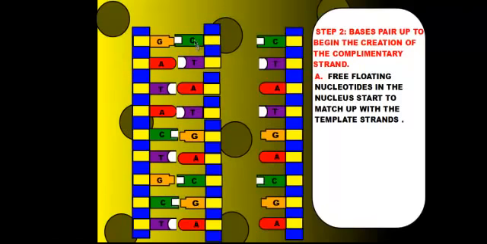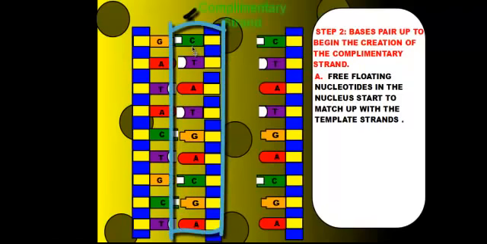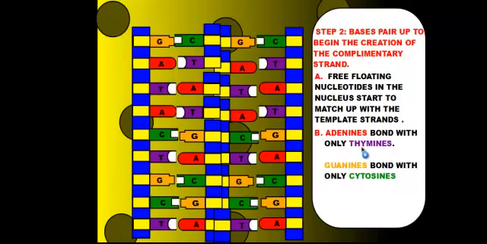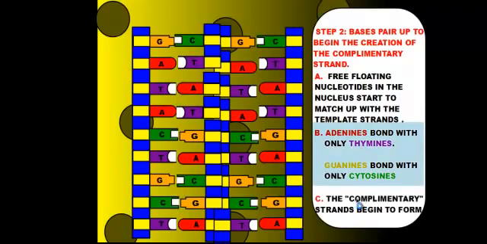So this strand right here that we created is called the complementary strand. It's the strand that complements or matches up with the template strand. And then our other molecule is going to have its complementary strand built as well. Okay, so just a reminder, your adenines bond with the thymines and your guanines bond with the cytosines, and then your complementary strands begin to form.